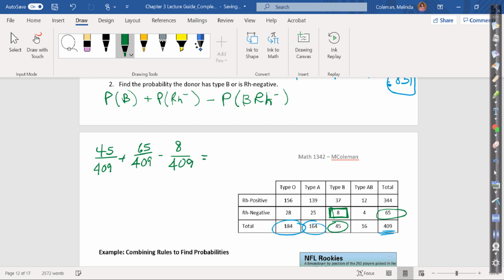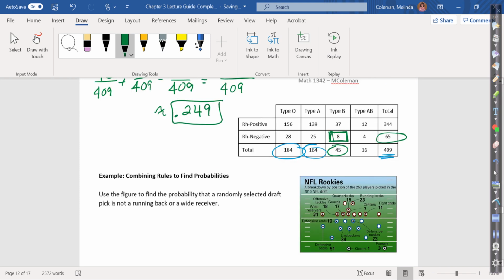Add and subtract all of that, we get 102 out of 409, which is approximately equal to 0.249. Again, make sure you're rounding to the correct decimal point when it asks. Oftentimes 3 decimal points is common, so make sure you're reading carefully and rounding correctly.